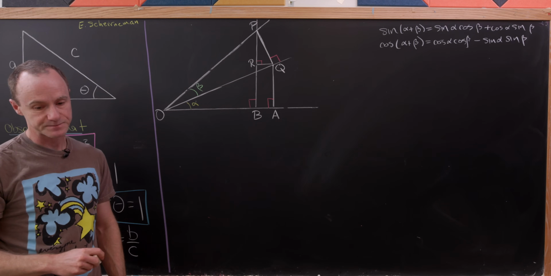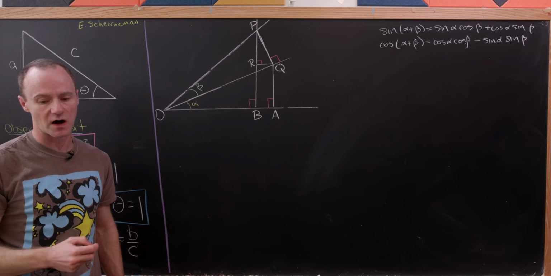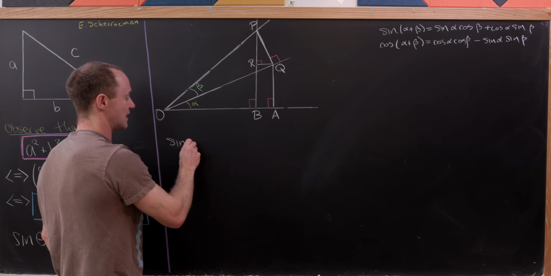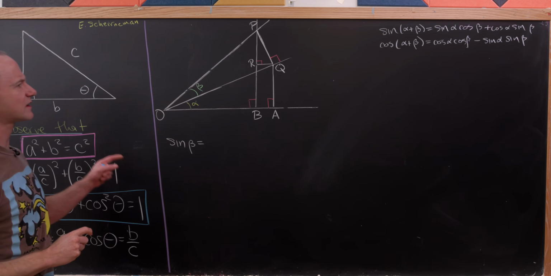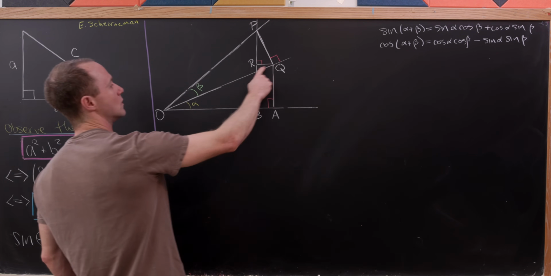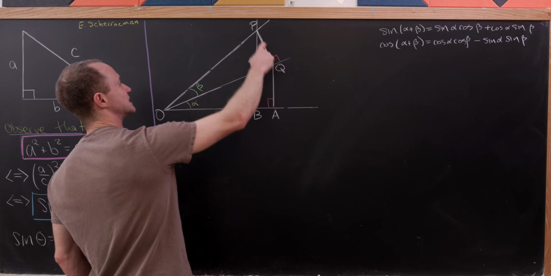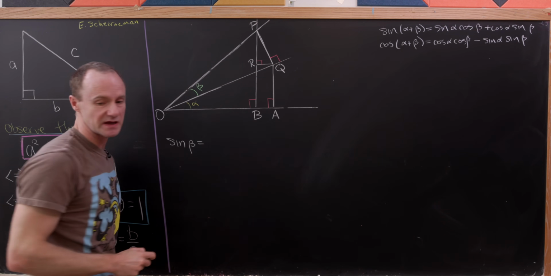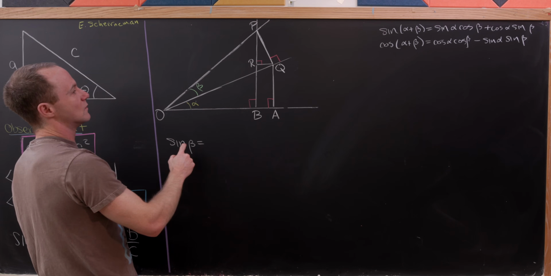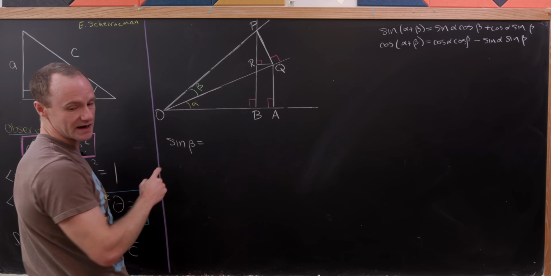Okay, nice. Now I'd like to make the following observation, and that is that the sine of beta can be calculated via this triangle right here, OQP. That's because this angle OQP is a right angle. What is opposite the right angle here?